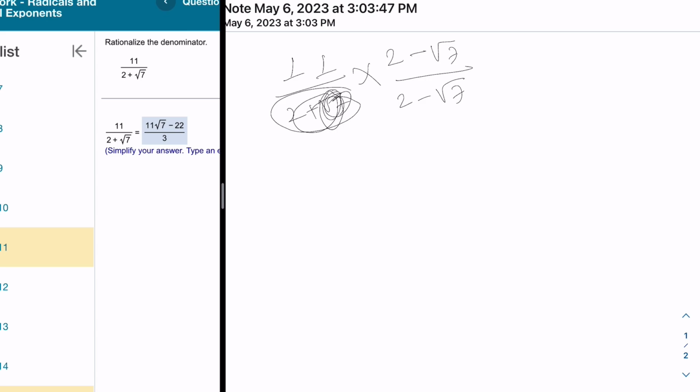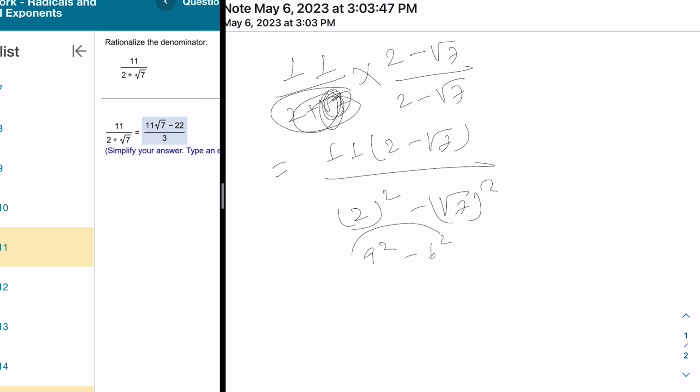That's why we multiply by the conjugate. Then we can apply a squared minus b squared, and root 7 goes down to only 7. That's the reason we multiply and divide by its conjugate. So we can write 11 times 2 minus root 7 over 2 squared minus root 7 squared. Did you notice we applied a squared minus b squared here?